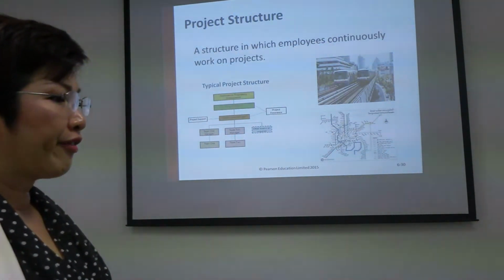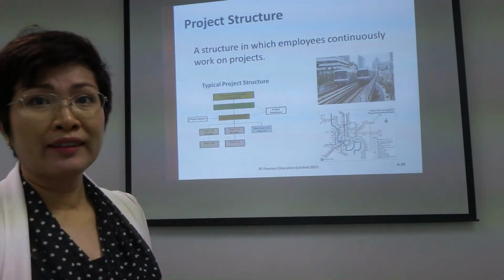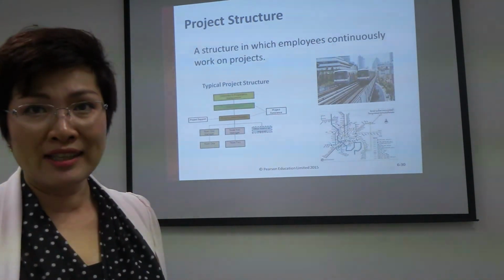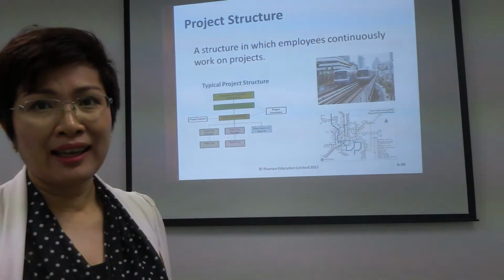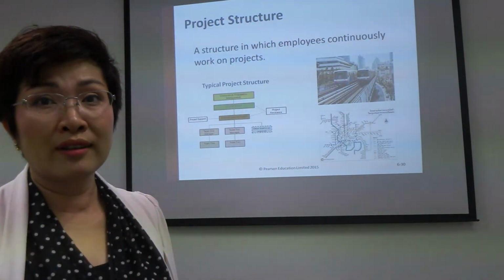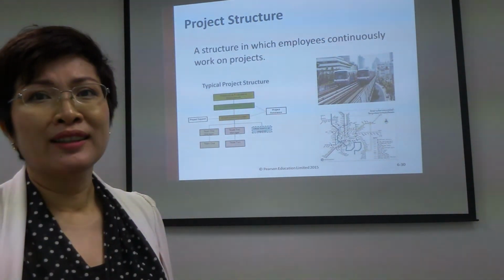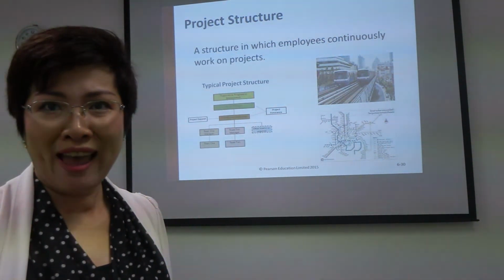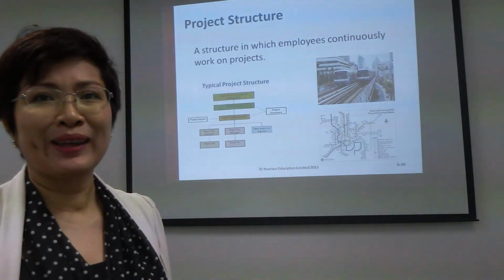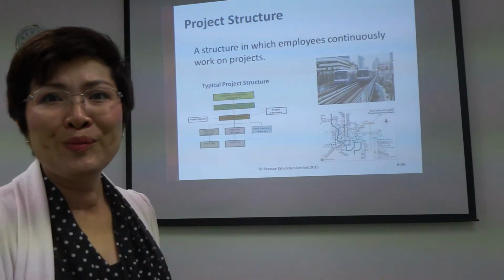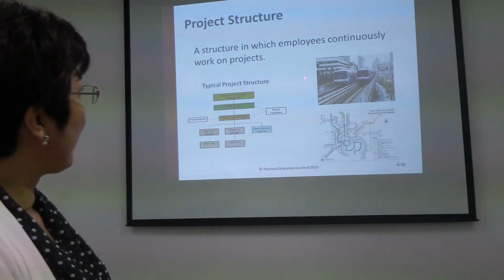After everybody finishes the project, they do not move back to their original department, because they don't have an original department. They move to the new project with the same structure.